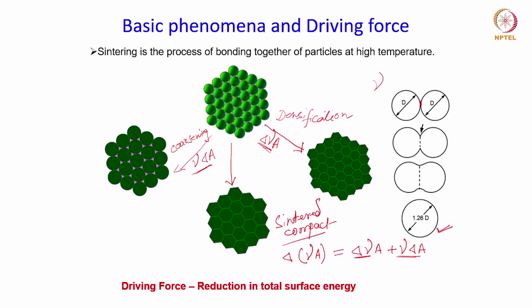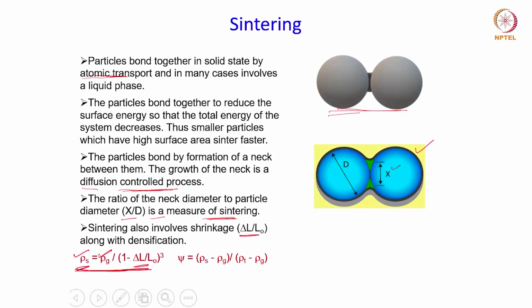Okay, so therefore the neck ratio, which is the ratio of the diameter of the neck to the diameter of the particle, is taken as the measure of the sintering. And sintering is always associated with shrinkage. So whenever densification occurs, shrinkage will be accompanied, and therefore the shrinkage also is an indication of the densification which occurs in the sintering process.